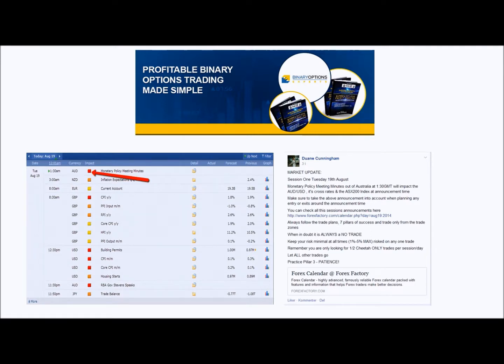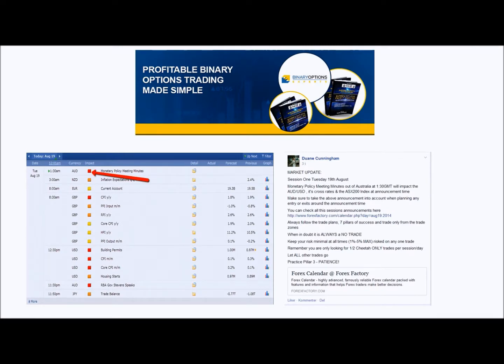As you can see here as an example, on Tuesday 9th of August, that's today, he says monetary policy meeting minutes out of Australia at 1:30 GMT will impact the Australian dollar, US dollar cross rates and the ASX 200 index at announcement time.